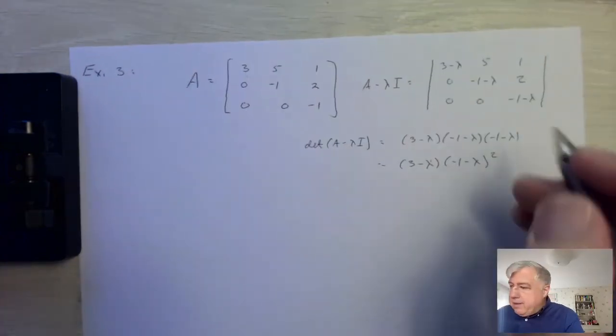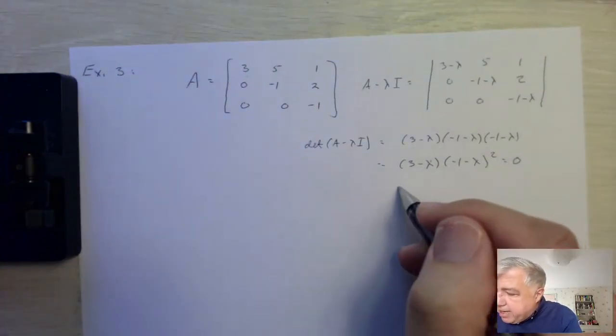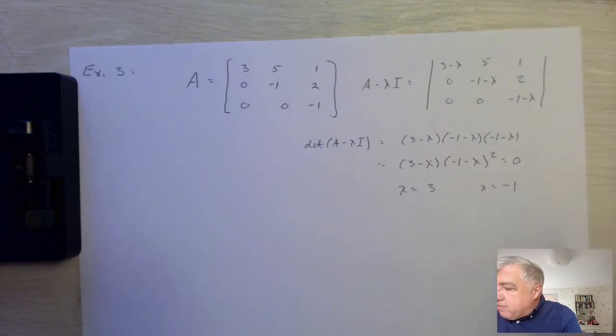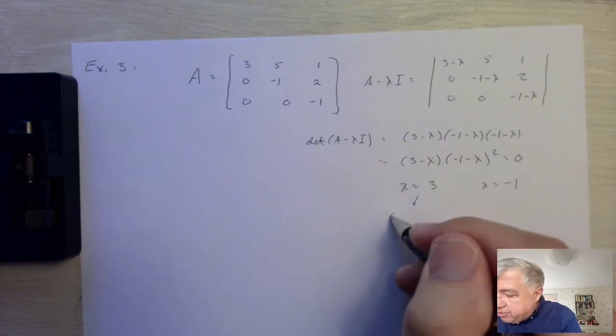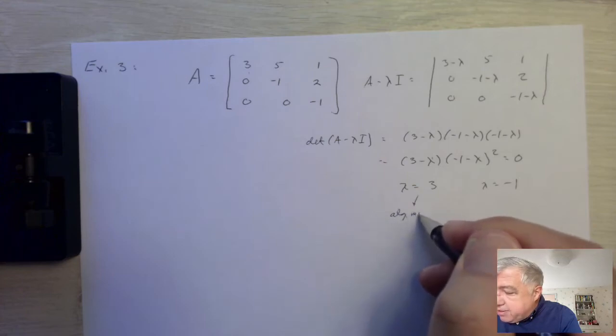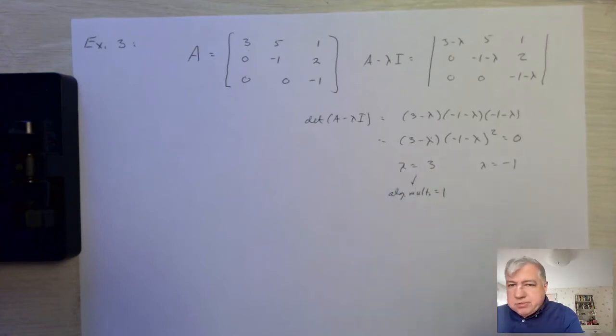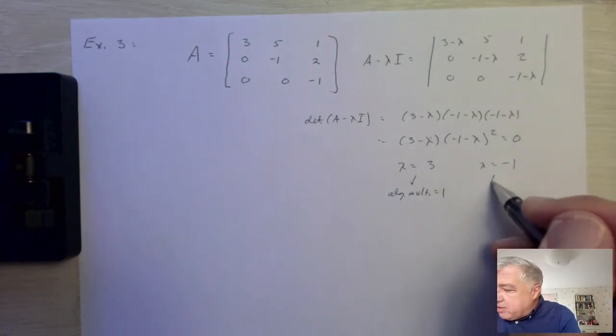We set that equal to 0, and we get lambda equals 3, or lambda equals negative 1. The algebraic multiplicity here is 1 for lambda 3, because it only appears once, and for negative 1, the algebraic multiplicity is 2.